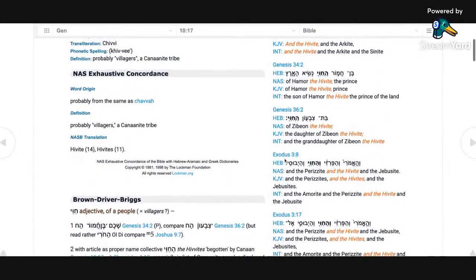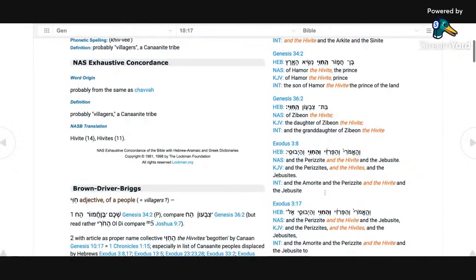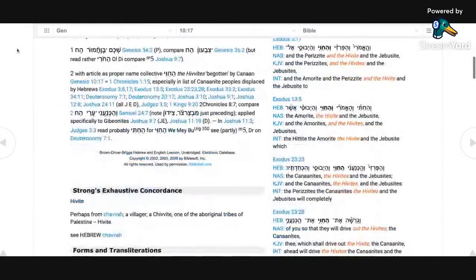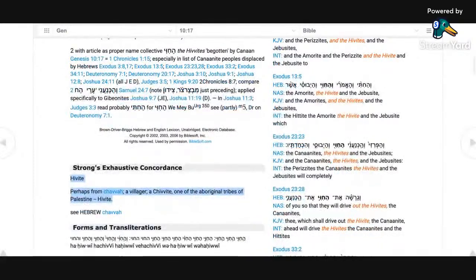And we can see Exodus chapter 3, verse 8, that the Amorites and the Perizzite and the Hivite and the Jebusite, they were all connected. Hivite, the aboriginal tribes of Palestine. And see, this is the whole concept since E1B1B, more EM34 or E-123 was already aboriginal to the land. These people were called Hamites.